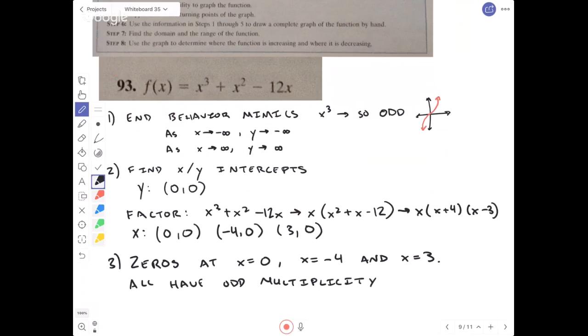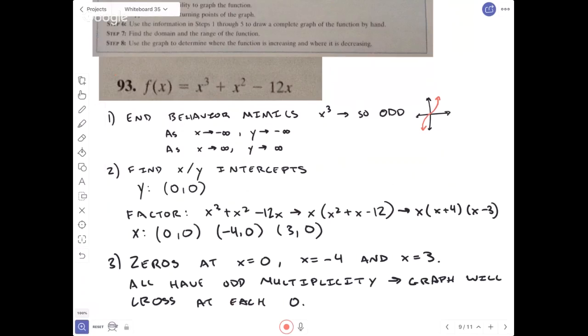The graph will cross at each zero. Okay, that was step 3.